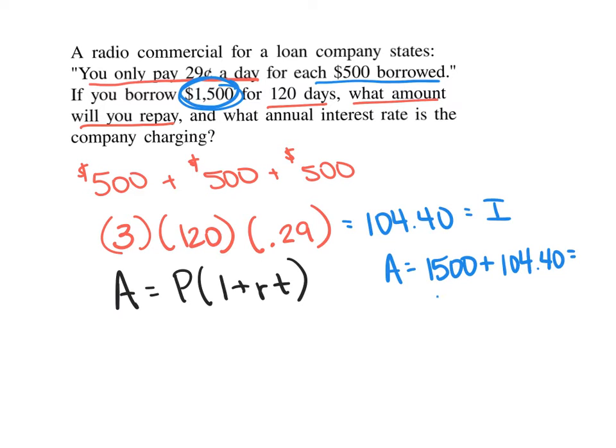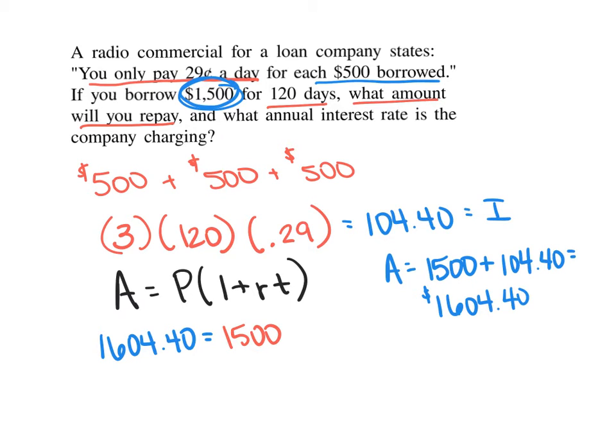And from there, you're going to get $1,604.40. So your A is $1,604.40. Your principal is $1,500. Again, that's how much you're borrowing.